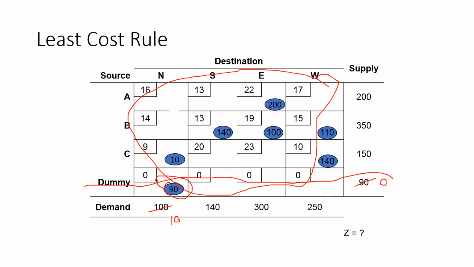Looking at 9, 14, 16, all over the table, I find that 9 is the least cost, so allocate as much as possible. Since there's a 10 here, and there's a 150 here, the minimum is 10, so allocate the 10, and this 10 becomes 0, and it will go away, and this 150 becomes 140.